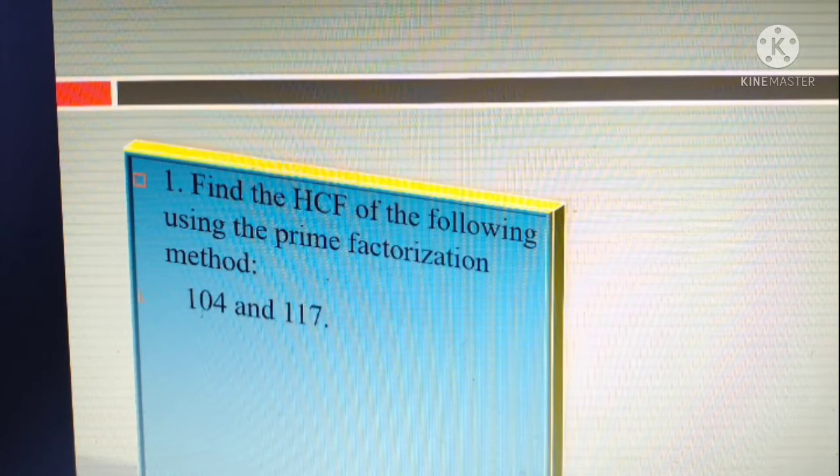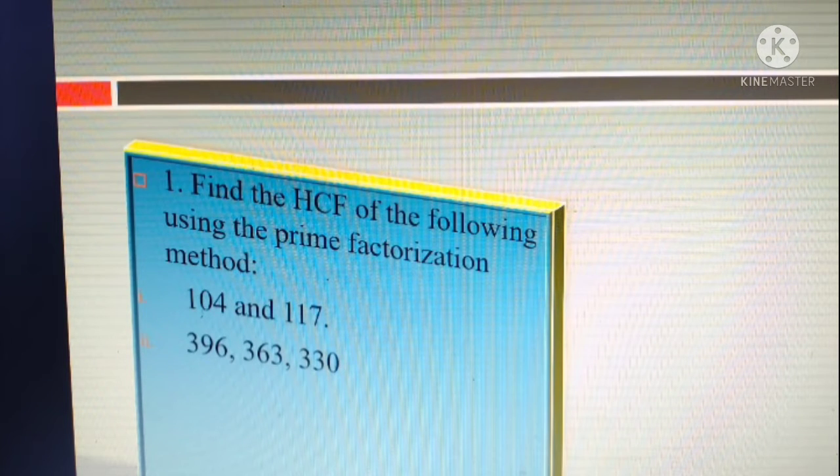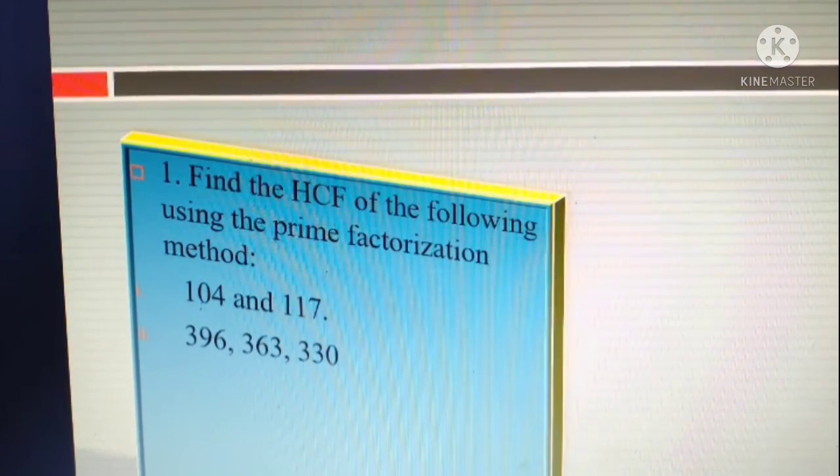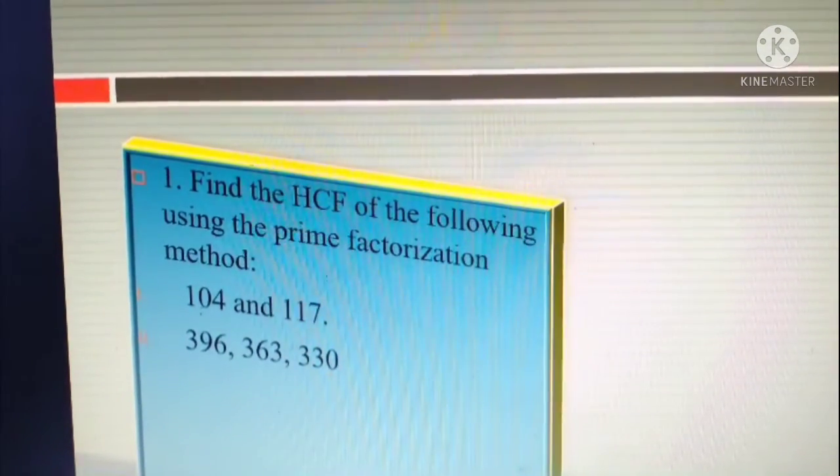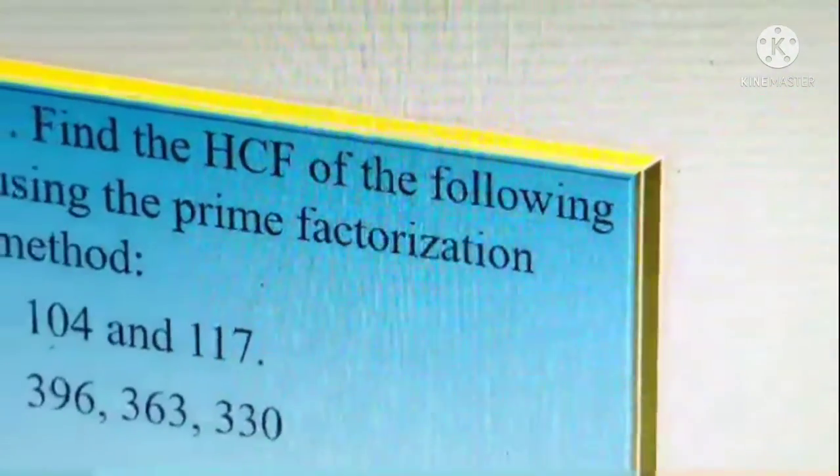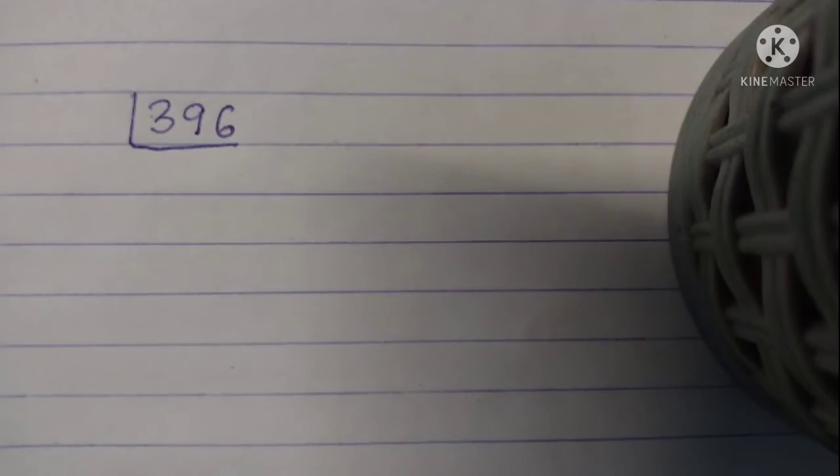Now let's see the second number. The second number is 396, 363 and 330. So let's find the HCF. Let's find the factorization of 396 first.